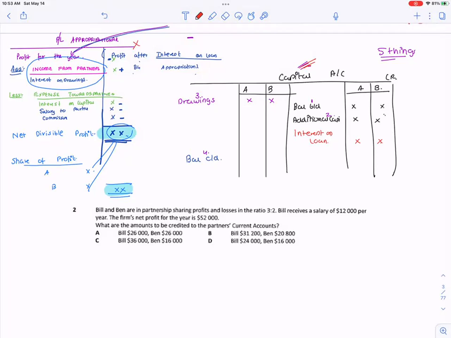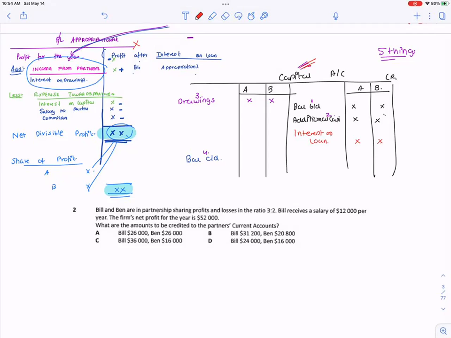Interest on loan, balance brought down, additional capital, drawings, and balance carried down. Can you please repeat it for me? Balance brought down, additional capital, interest on loan, drawings, and balance carried down.